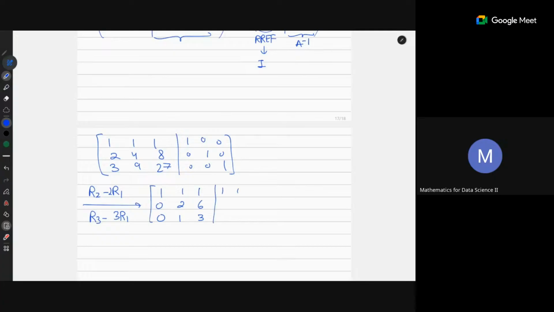All right, 1 0 0. First row remains as it is. Second row becomes minus 2 1 0, minus 3 1 minus 3 0.